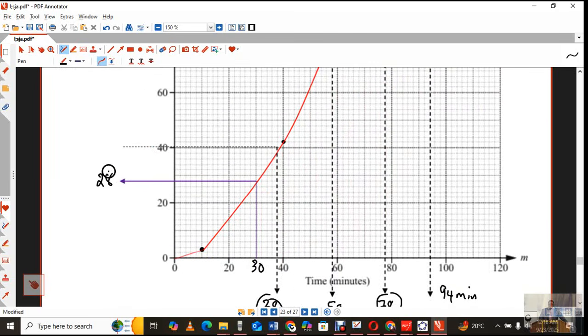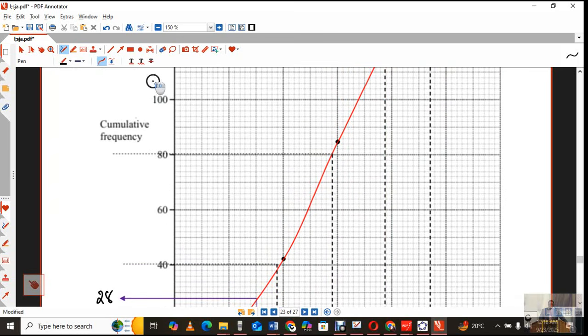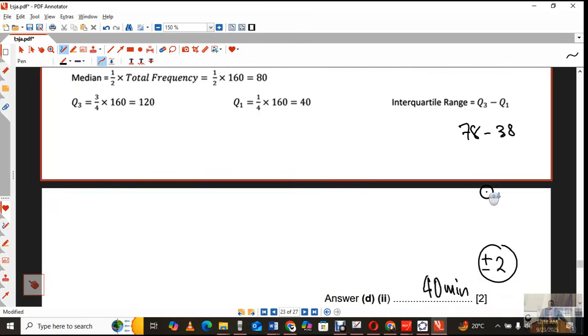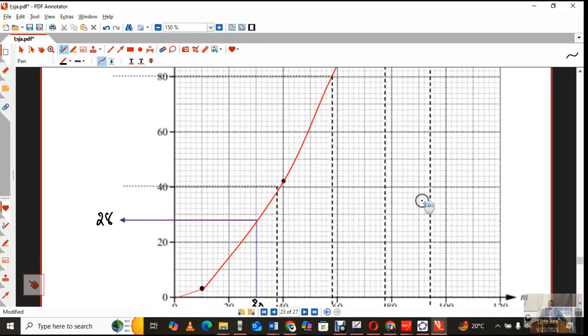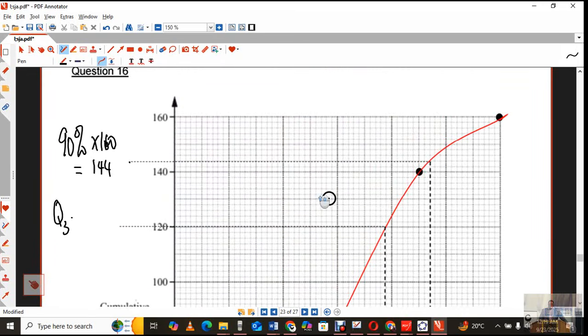So you'll be subtracting 160 minus 28 because you're looking for the values above this 28. So this 28 should be subtracted from the 160. So in that question, you will be saying 160 minus 28, the 28 being the people who spend less than 30 minutes, that gives you 132 people.